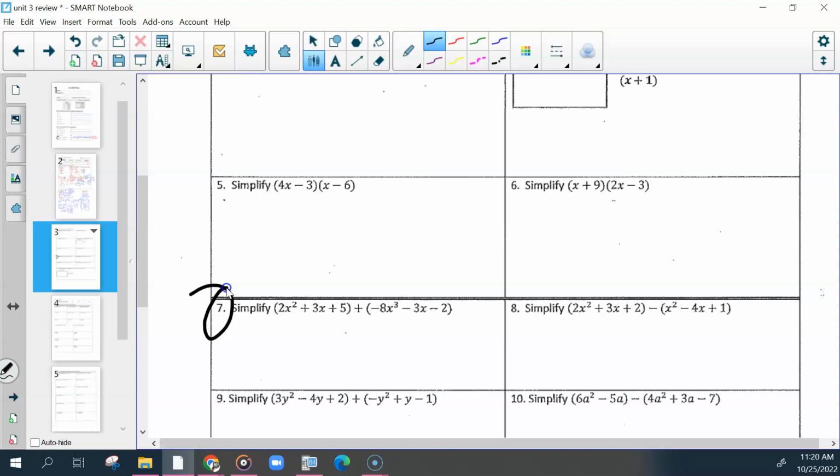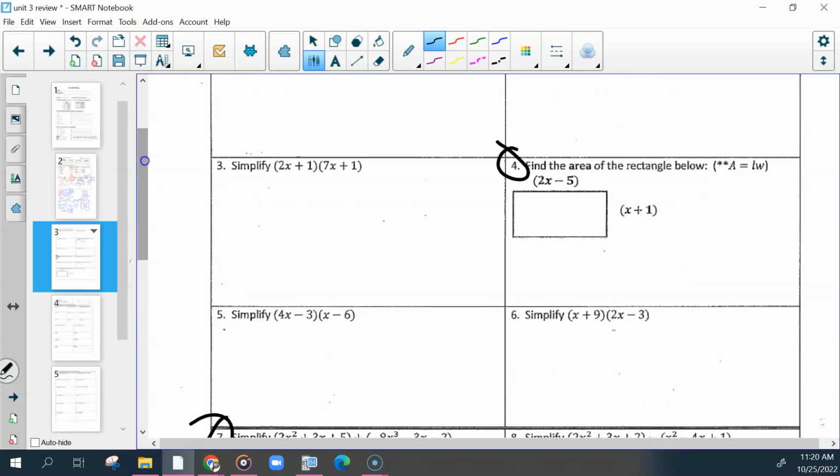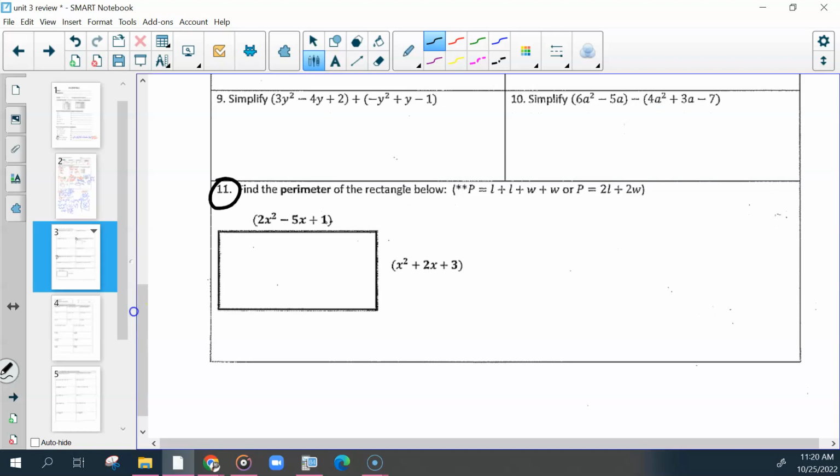Any others? Sophia? 4. Can you do 11? 11. Any others? We have 4, 7, 11. You got 4.